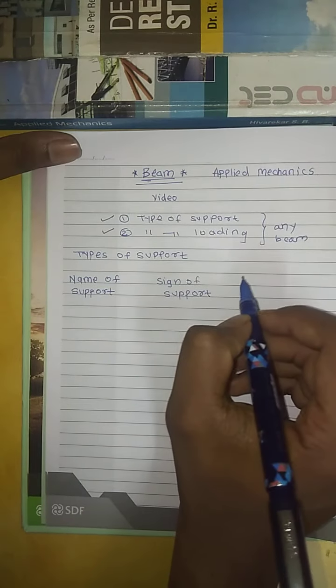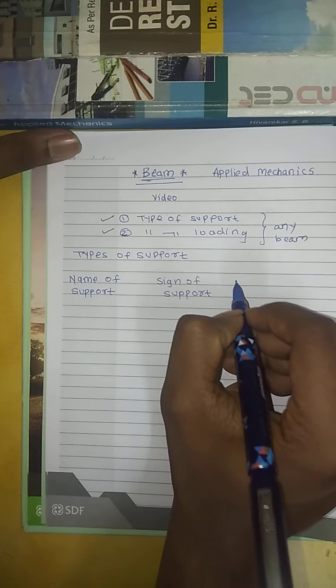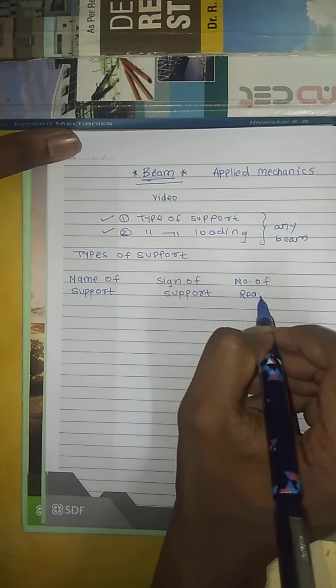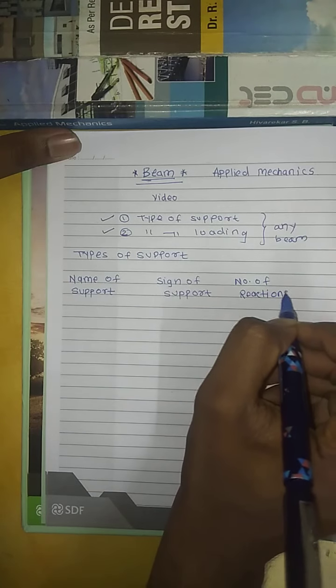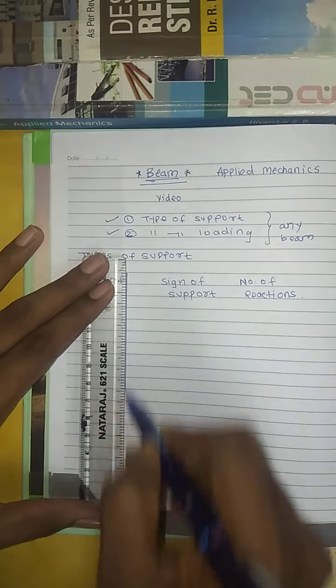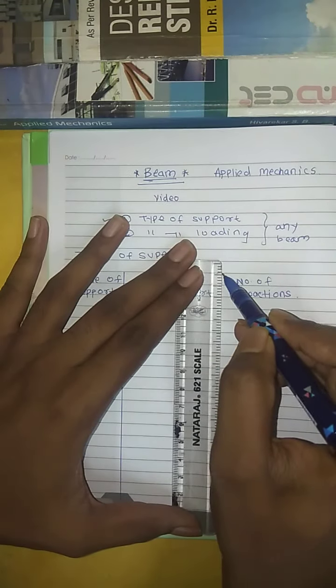And in this third column we will see the number of reactions. Okay, we will study comparatively so that we'll have the knowledge of all the supports.